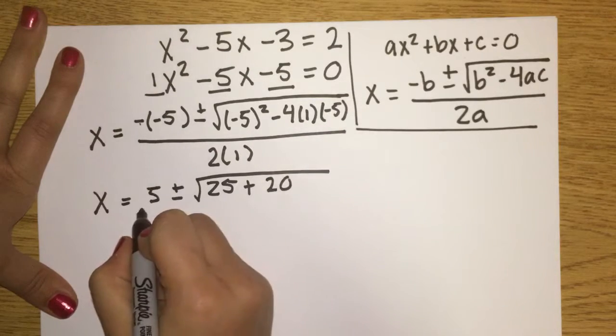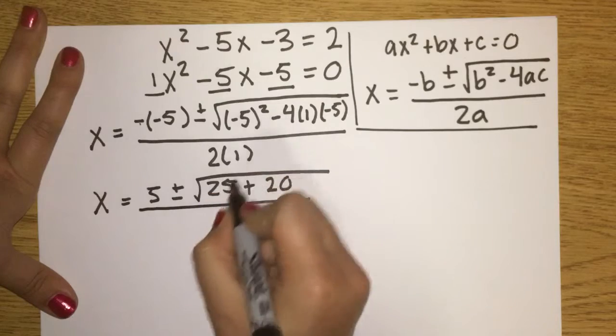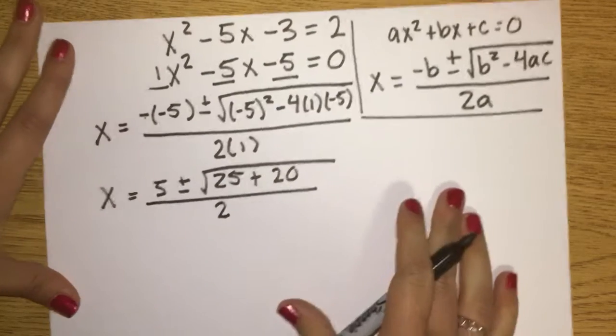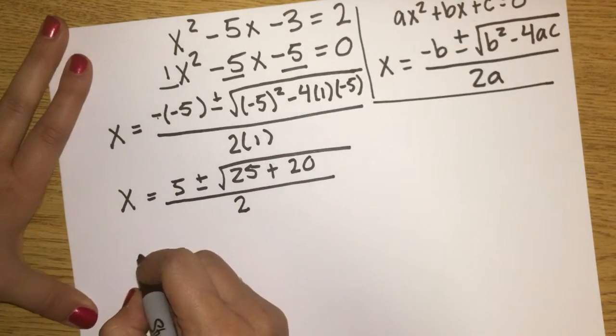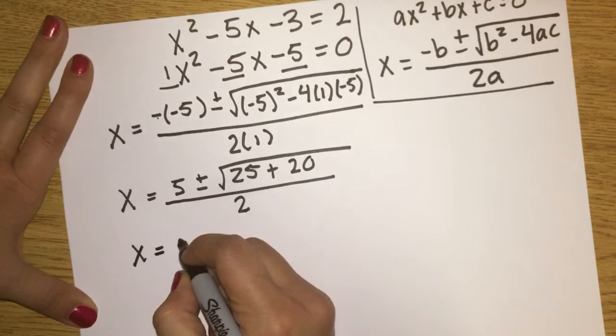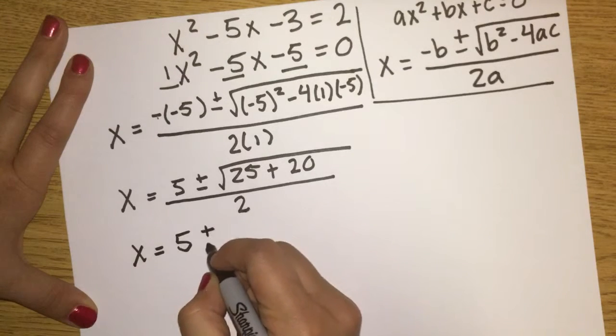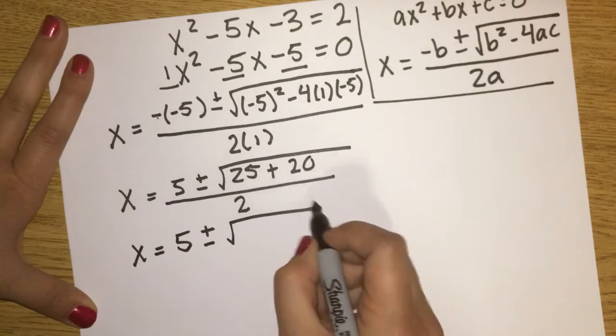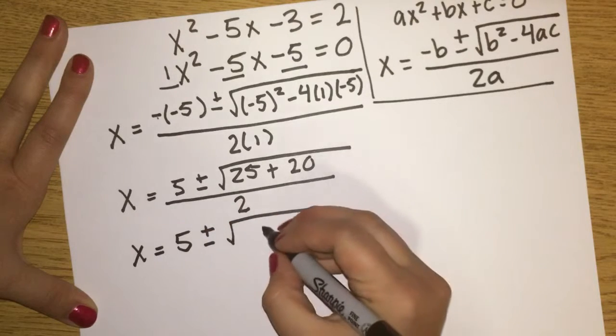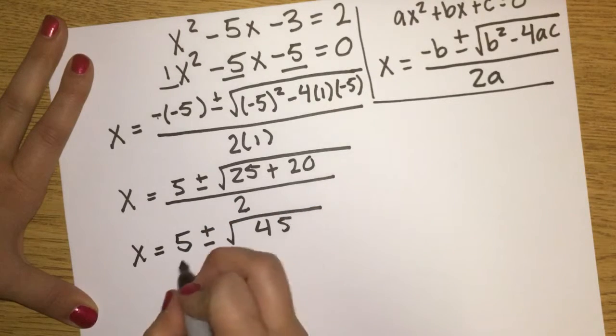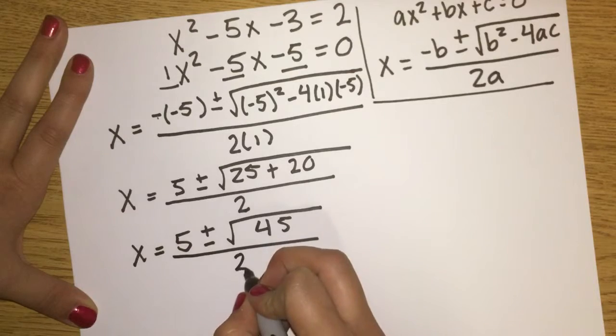So we keep that under our radical, and then 2 times 1 is just 2. So to continue simplifying, we will have x equals 5 plus or minus radical 25 plus 20, which is 45. We're going to keep that over our 2.